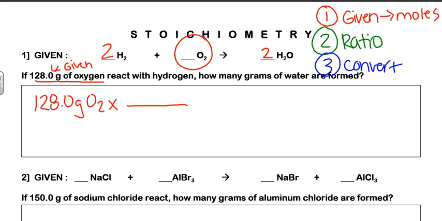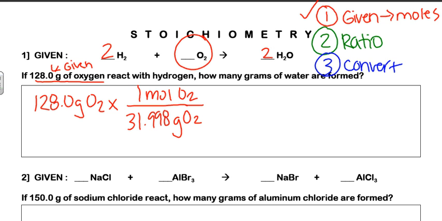So 15.999 times 2 is 31.998 grams of O2. And make sure when you're labeling, you're giving the unit and you're giving the substance. That's very important. And this is equal to 1 mole of oxygen. So I've completed step 1. I have changed the given into units of moles.